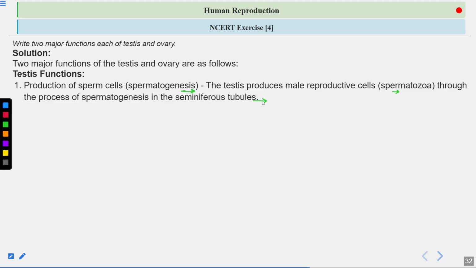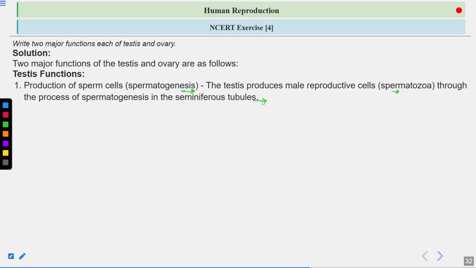There are around 250 testicular lobules, and in each lobule 3 to 4 highly coiled seminiferous tubules are present. Within these seminiferous tubules, sperm production occurs. So the seminiferous tubule is the site of spermatogenesis.